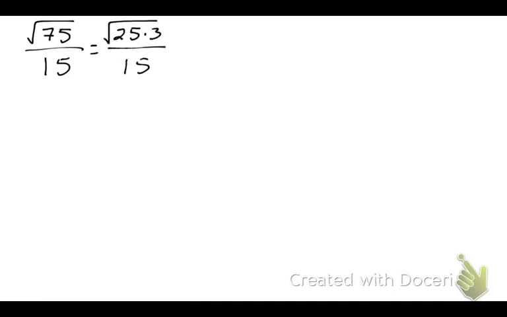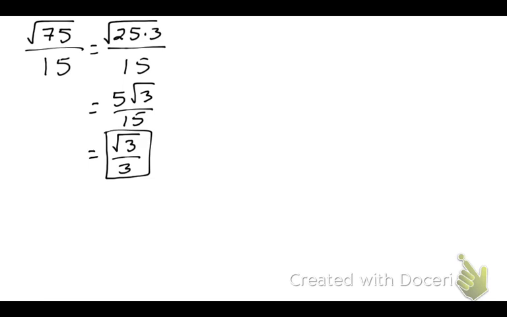And we know that the square root of 25 is 5, so this would become 5 root 3 over 15. And 5 over 15, those are the numbers outside the square root, so that'll reduce to root 3 over 3, because 5/15 is the same as a third. How'd you do?